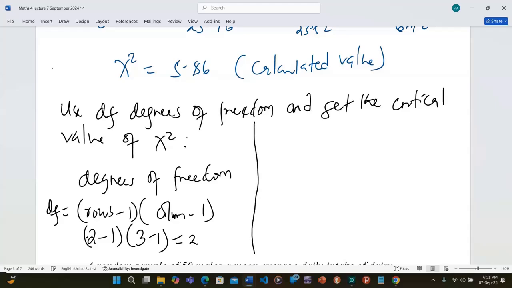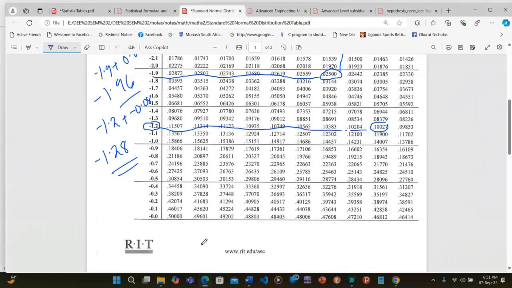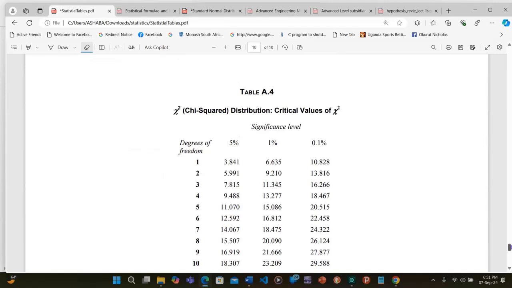So we go to the table for chi-squared values and look at the degrees of freedom 2. So I'm going to come here and check on 2. And what is the value of the chi-square at 5% level of significance? I said we always check, if the level of significance is not mentioned, we always take the 5%.